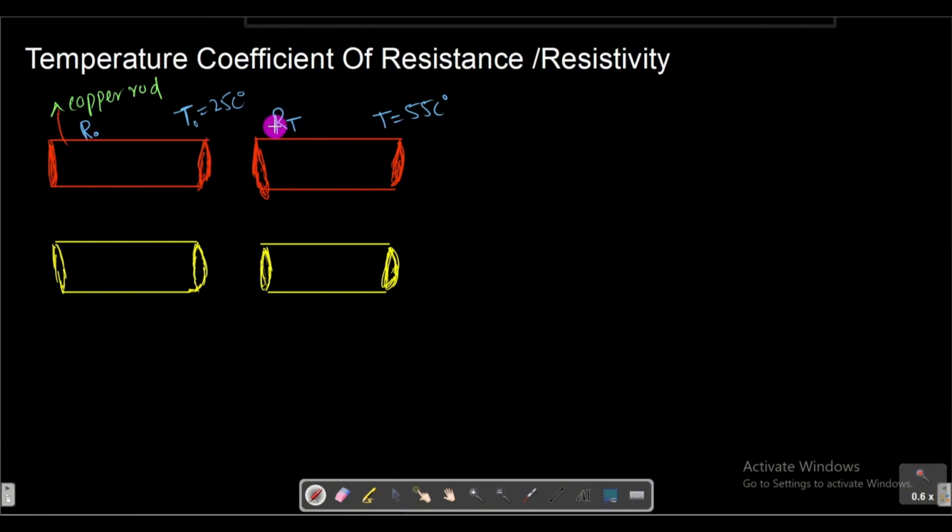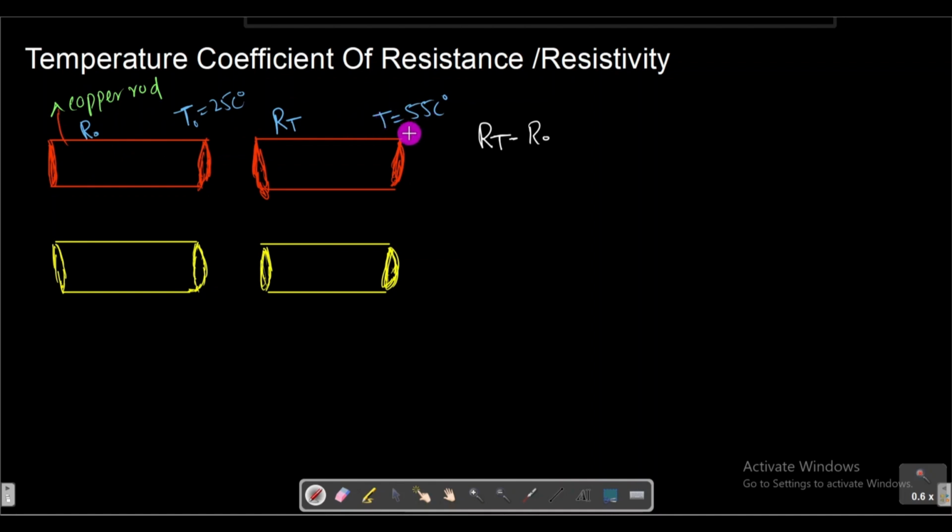Now the change in resistance with this temperature is given by this. So here we have the change in resistance, RT minus R0. RT is higher than R0, therefore I write RT minus R0. And this RT minus R0 is associated with the change in temperature.